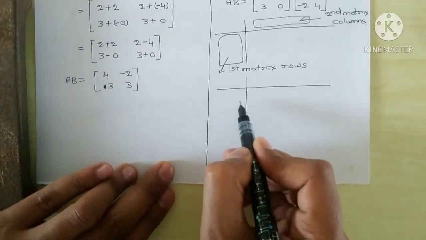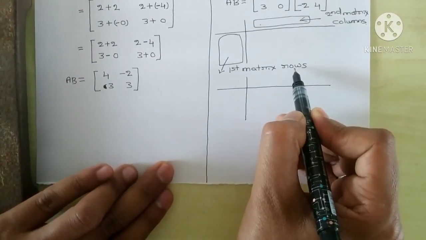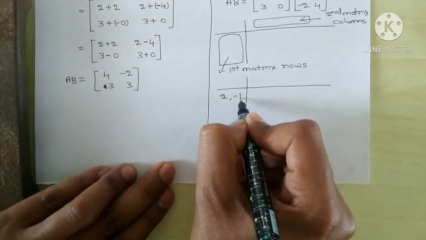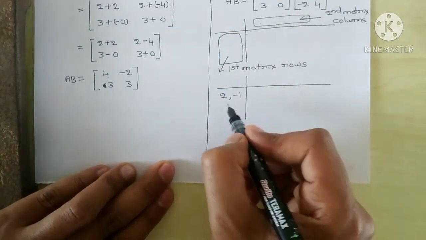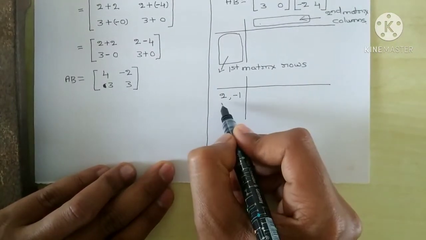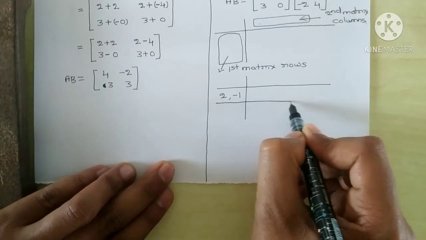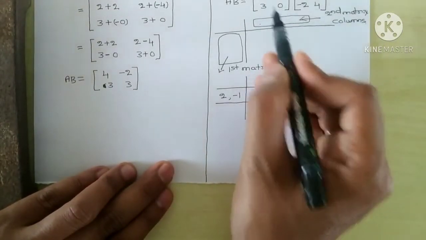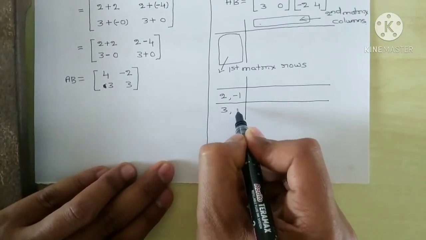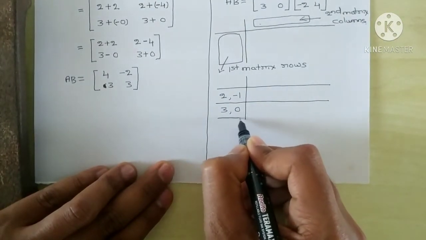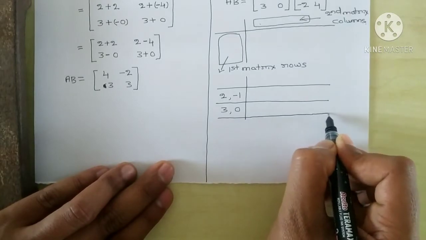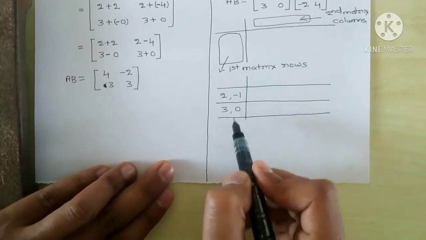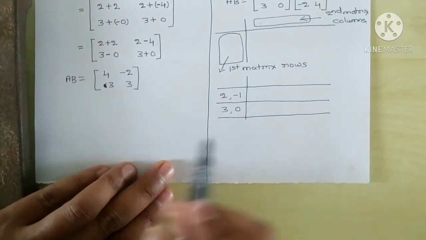In this part, for the first matrix, only the rows you have to note down. What is the first row? 2, -1. After the first row, trace 1 line like this. Next, go with the second row. What is the second row? 3, 0. Again one more line you trace. But the third row is not present, only 2 rows are there, so you stop here.